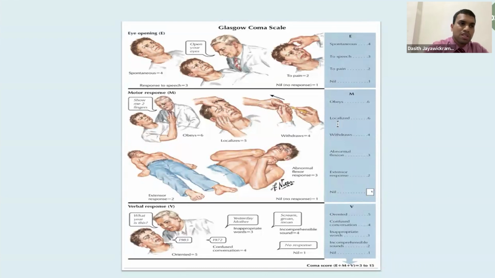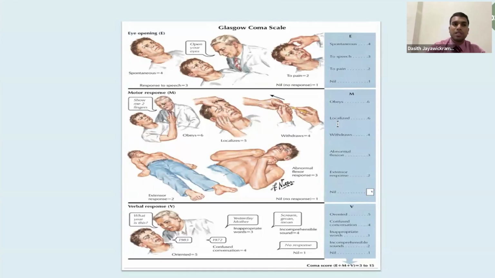So the GCS score has 3 components: the eye component, the motor component, and the verbal component. The eye component is scored out of 4, the motor component out of 6, and the verbal component out of 5. So let's talk about eye. If the patient is spontaneously opening and closing his eyes, the patient is basically awake, and the eye component is 4.